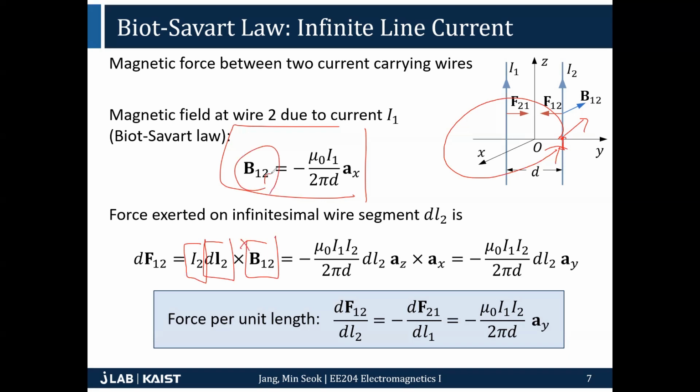Because you know exactly what B12 is, and dL2 is along the Z direction, the direction of the force is going to be the negative Y direction, and the amount is mu 0 I1 I2 divided by 2 pi d. Okay, this is how you obtain the force between these two wires.